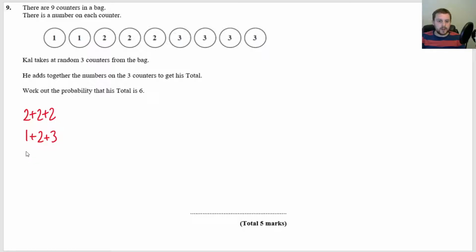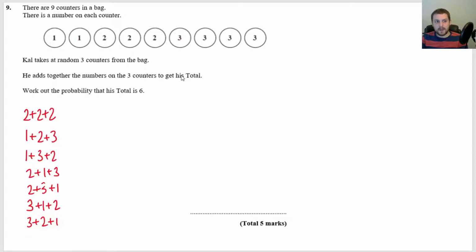So we've got the 2 + 2 + 2. Then we've got 1 + 3 + 2, we've got 2 plus 1 plus 3, and we've got 2 plus 3 plus 1, and we've got 3 plus 1 plus 2, and we've got 3 plus 2 plus 1. These are the 7 ways that the 3 counters could add up to 6.